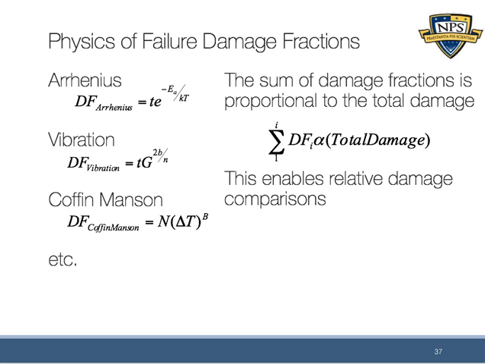And we can look at these in a way that lets us understand which one is doing the most damage, which is pretty important. So these provide the relative damage with exposures to either temperature or vibration, so we can add up for both.